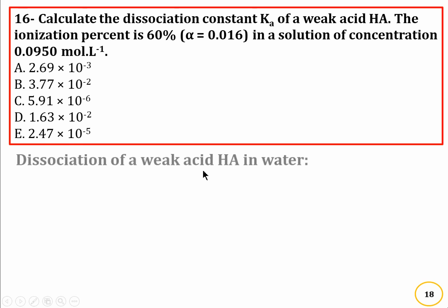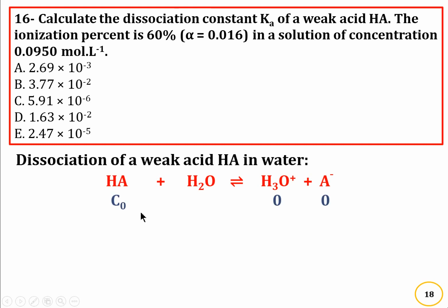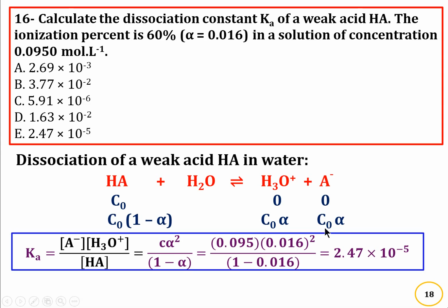So we have to write the dissociation of the weak acid in water. At t equals 0, we have C0, 0, 0. At the equilibrium, C0 (1 minus alpha), C0 alpha, and C0 alpha. So Ka equals [A-][H3O+] divided by [HA] equals C alpha squared divided by 1 minus alpha.